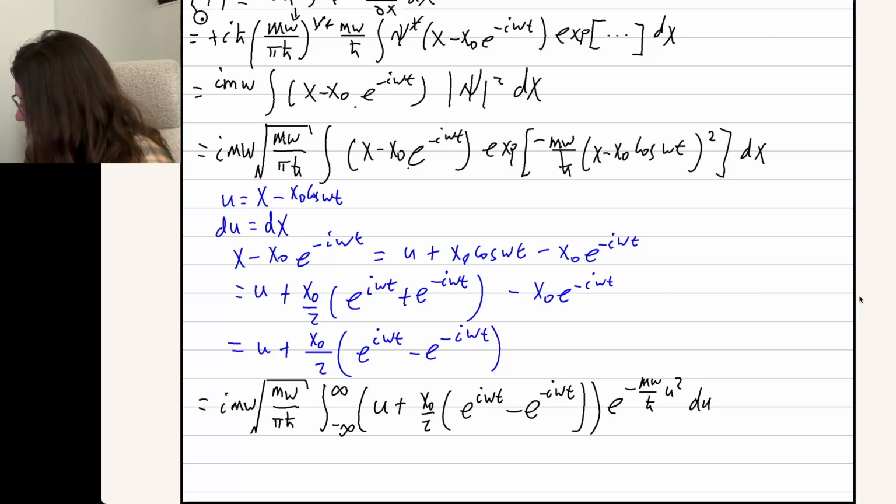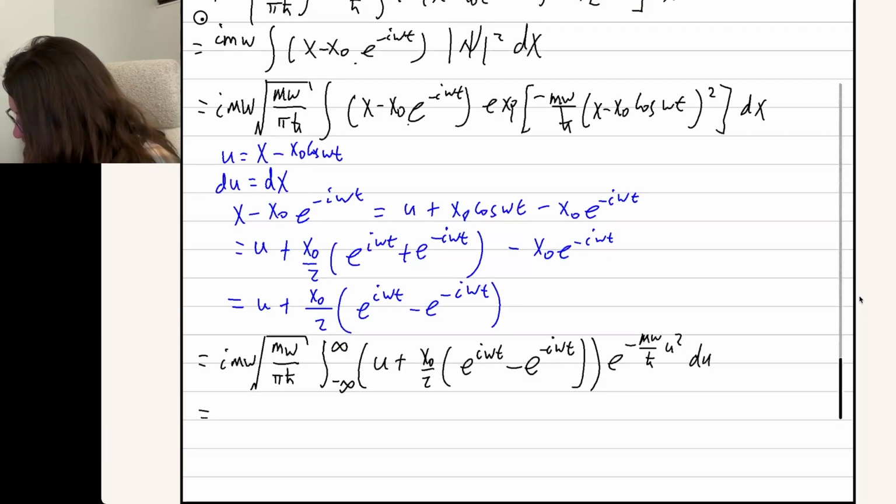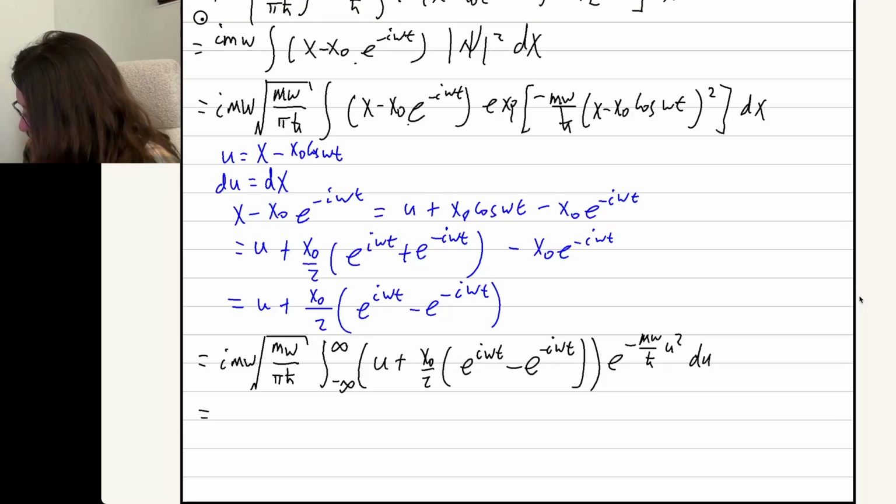Again, the odd Gaussian term does not contribute, but the other term does. So we'll have i m omega, and let's actually write it in a pretty special way. We'll write it as minus m omega times m omega over pi h bar.